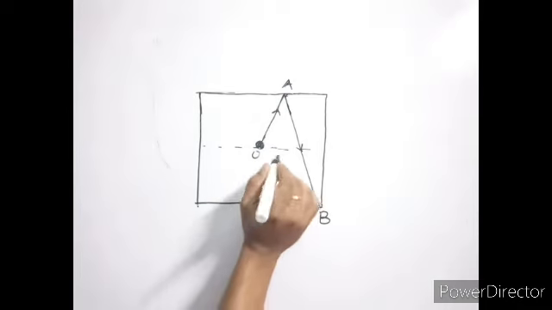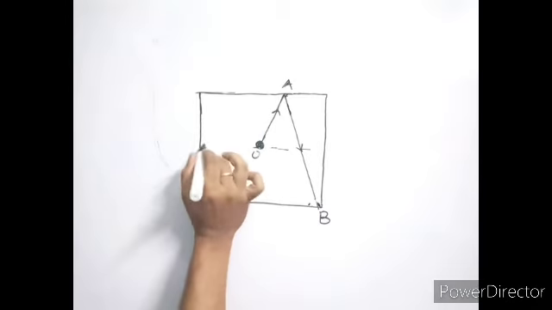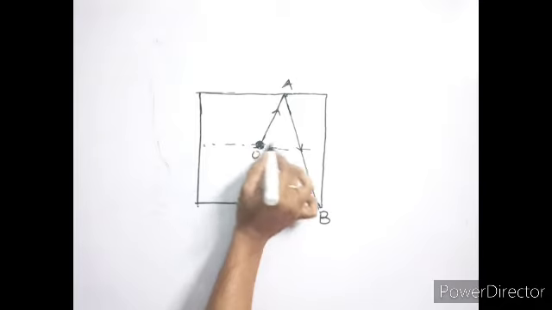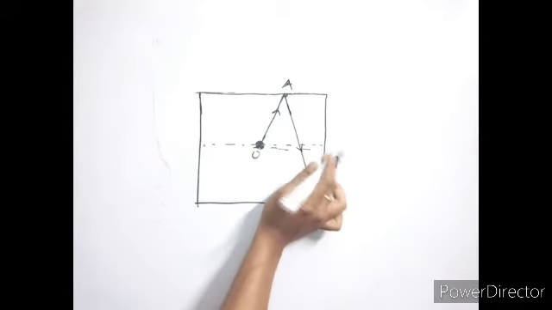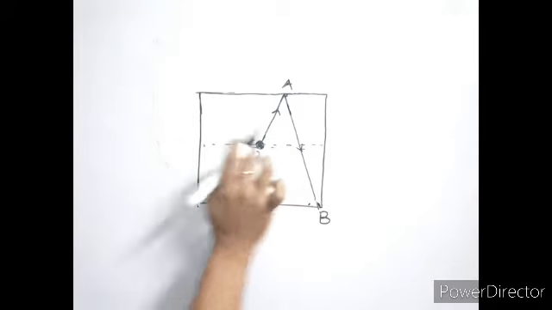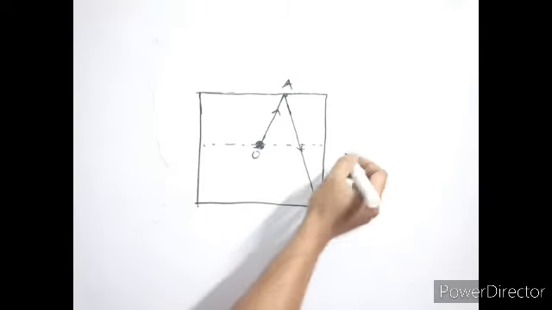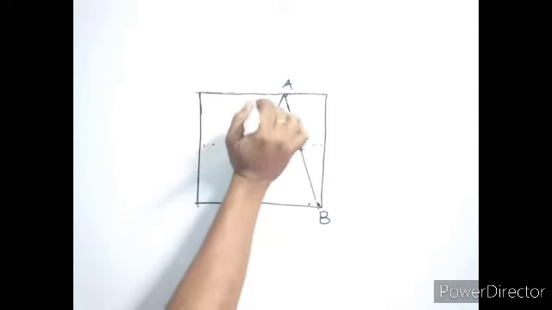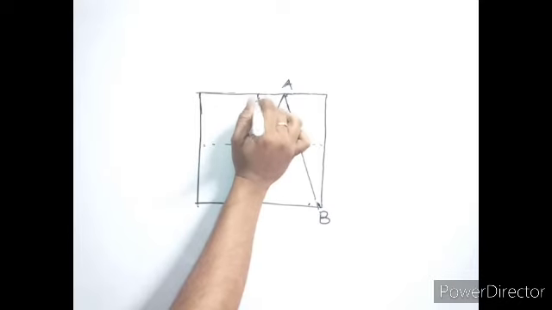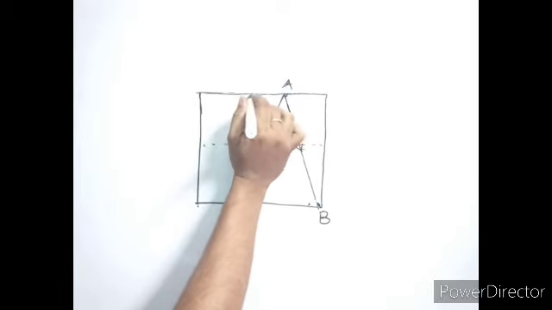As the dotted line goes through the point O, it is exactly the horizontal line crossing through the center, and a vertical line crossing through the center.